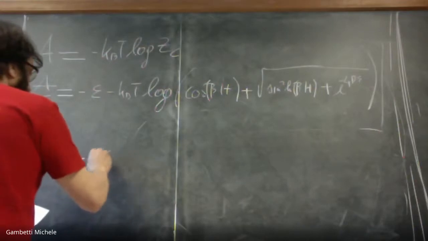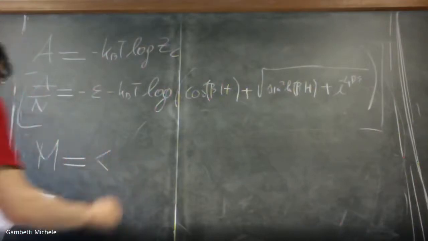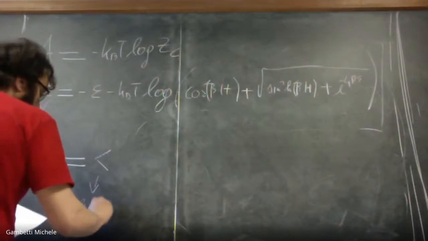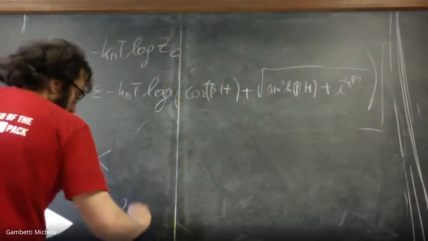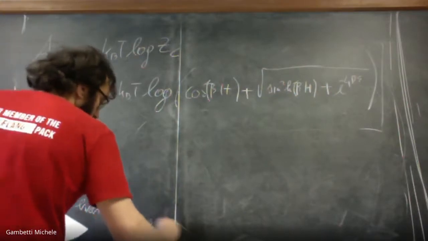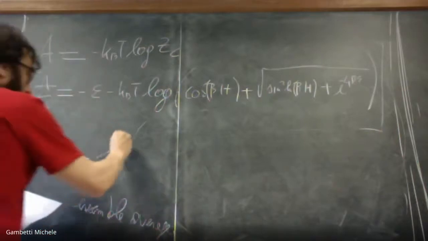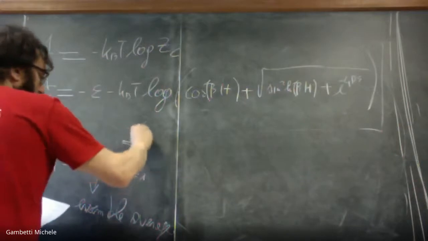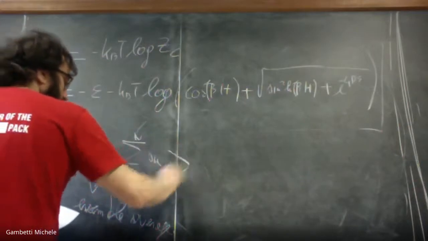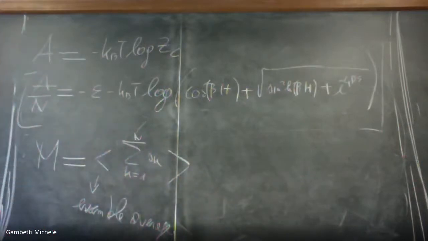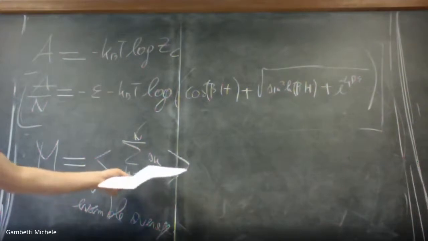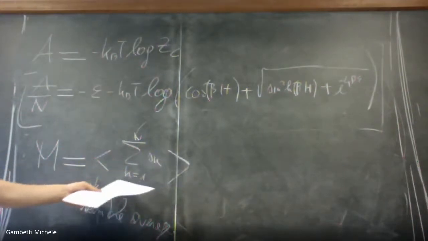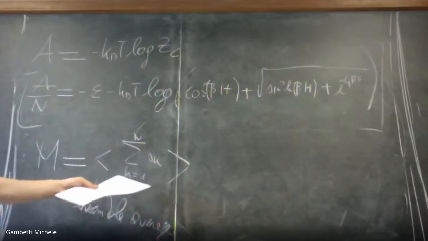Now, this is defined as the ensemble average of the sum from k equals 1 to n of s_k. So I take all the spins, I sum all of them, and then I average over the ensemble, the canonical ensemble in this case.